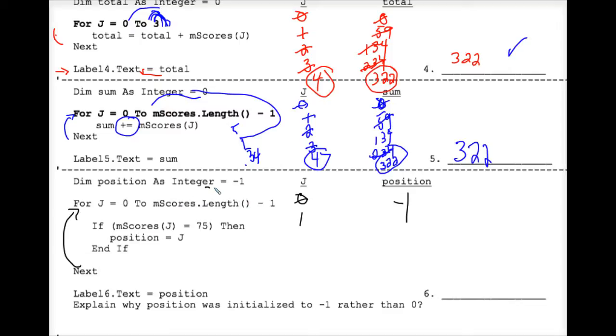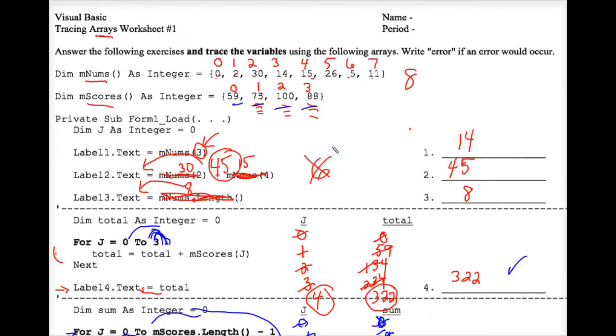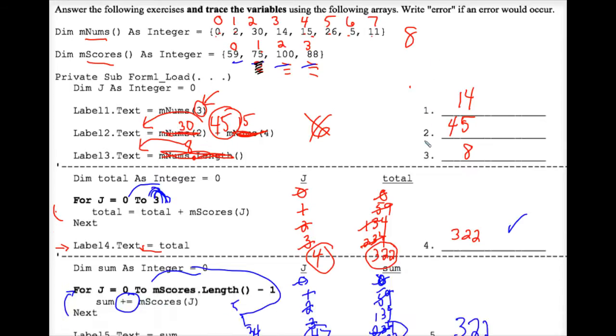And we ask if M scores J equals 75. Well, because J is currently 1, we look up here at M scores, and we find the number that's in position 1, which is a 75. Bingo! 75.